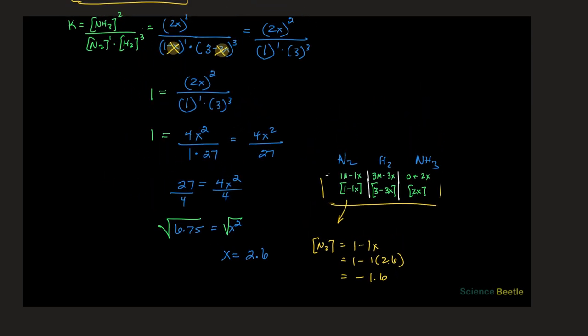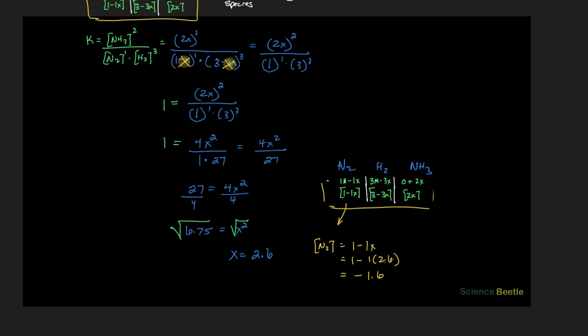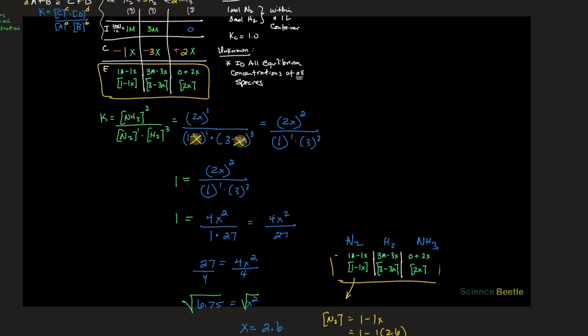We had made this assumption right here at the very top. Let me zoom out a little bit more. We had made an assumption that the changes in the N2 concentration and in the H2 concentration, which we represented up here in the change category, were insignificant.